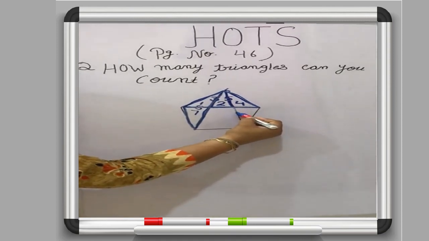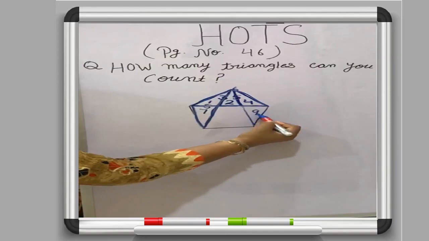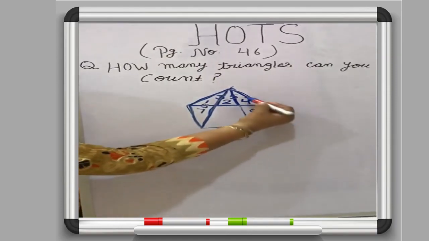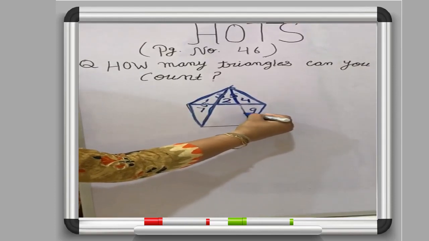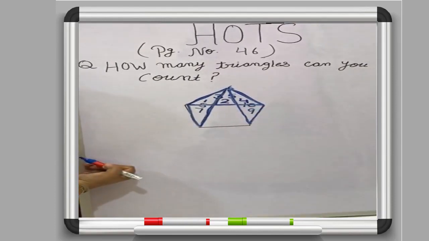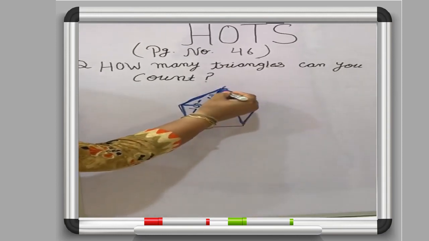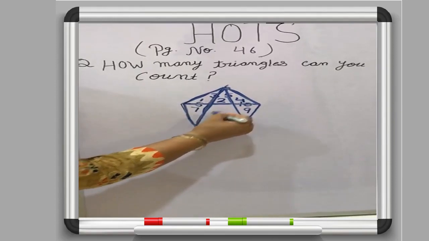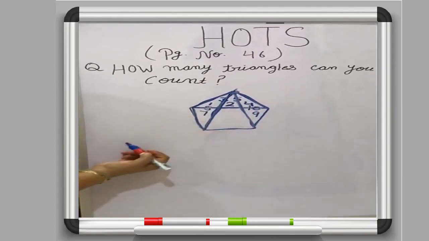After that we will count this triangle. This is the 9th triangle. Then we will count this triangle, and that is number 10. Now one triangle is left, that is this triangle, by taking these three lines.